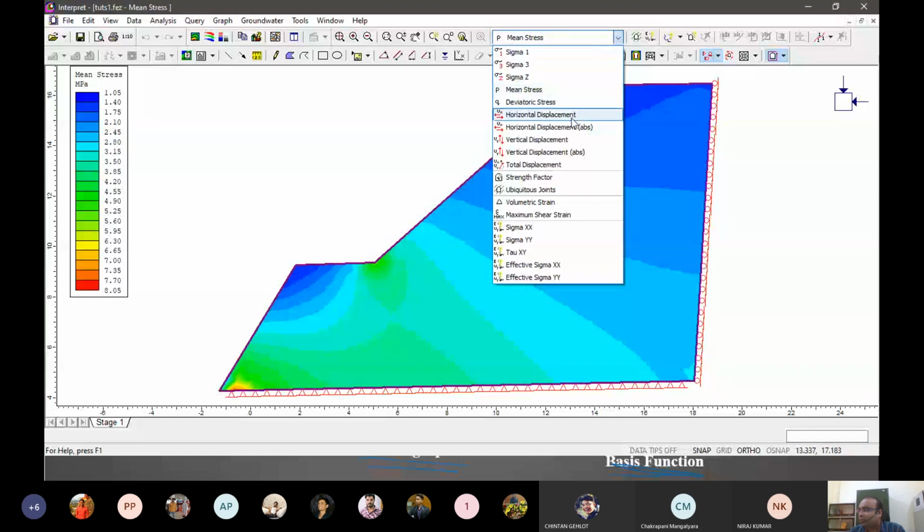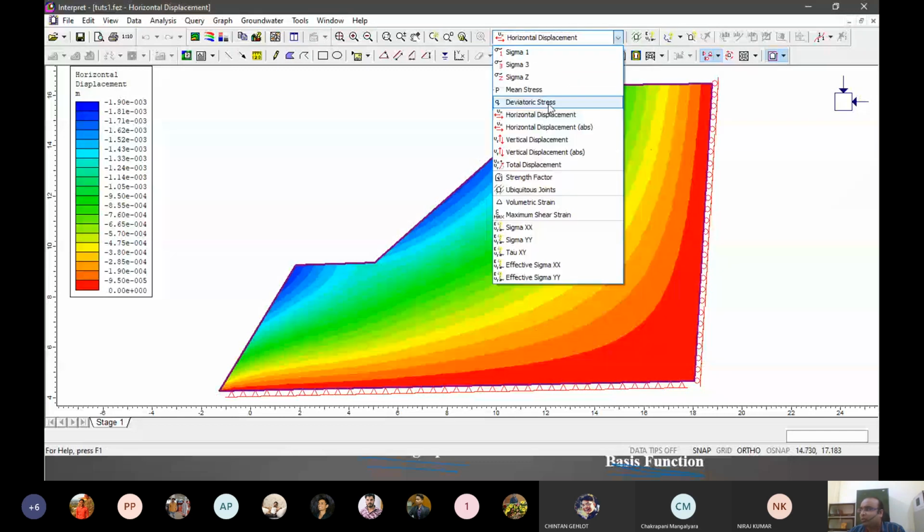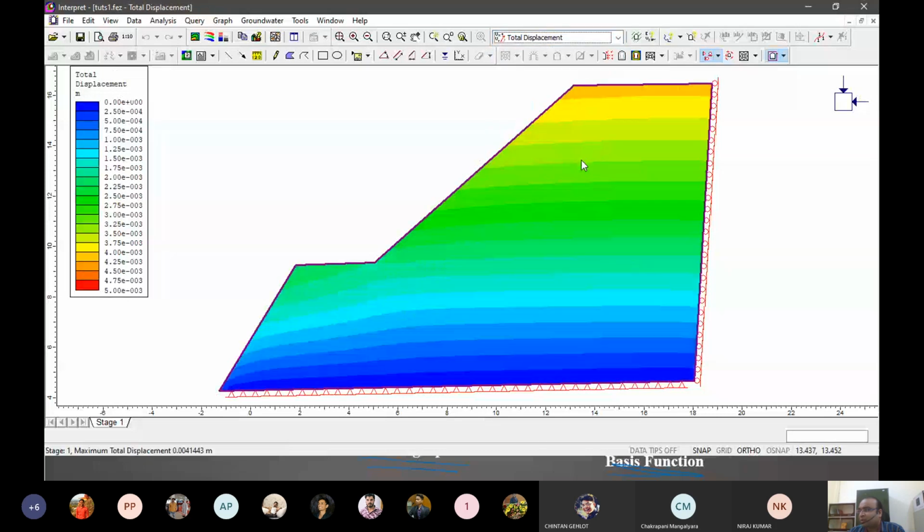And how the horizontal displacement will be there or will not be there, or how the vertical displacement is there, and so on, total displacement. In this case, what we are seeing is that it's just settling down. The settling is of the order of 10 raised to the minus 3, so quite less. It's just settling under gravity, so there are no failure patterns we are seeing.